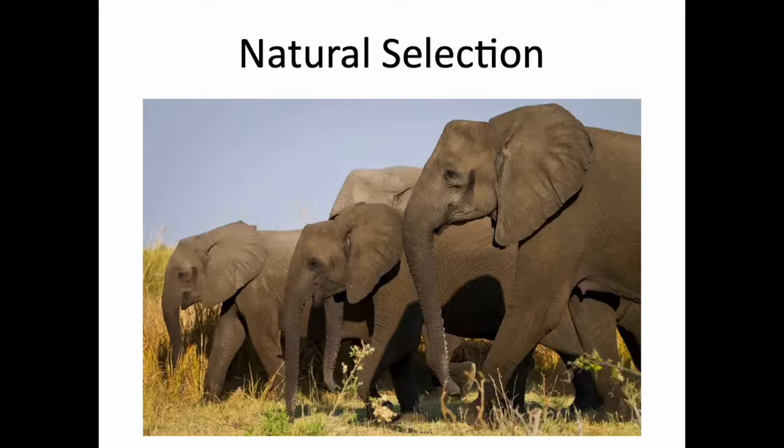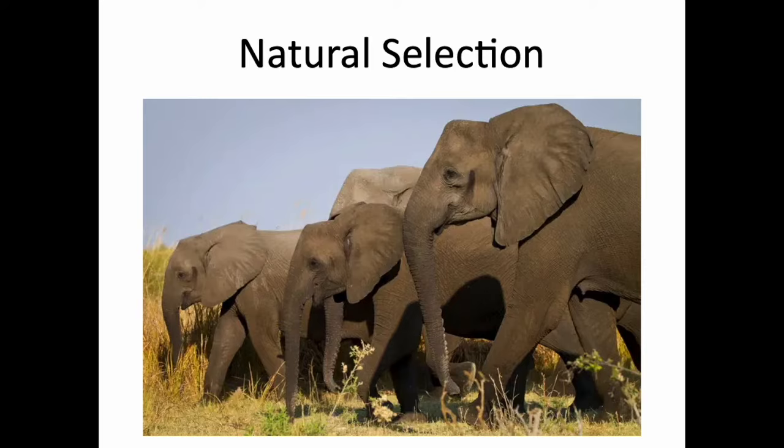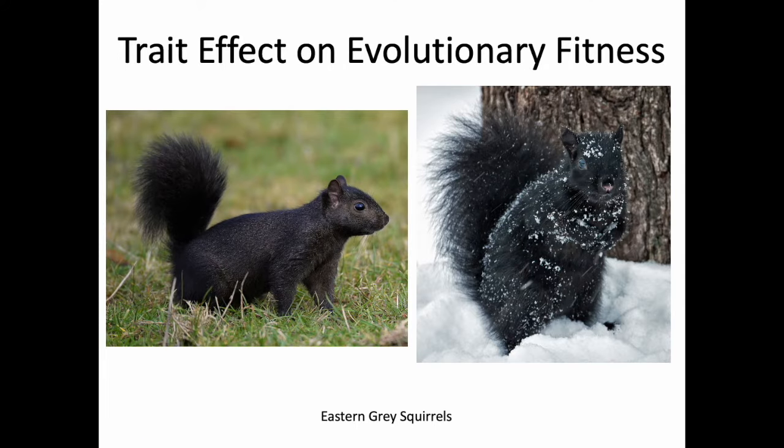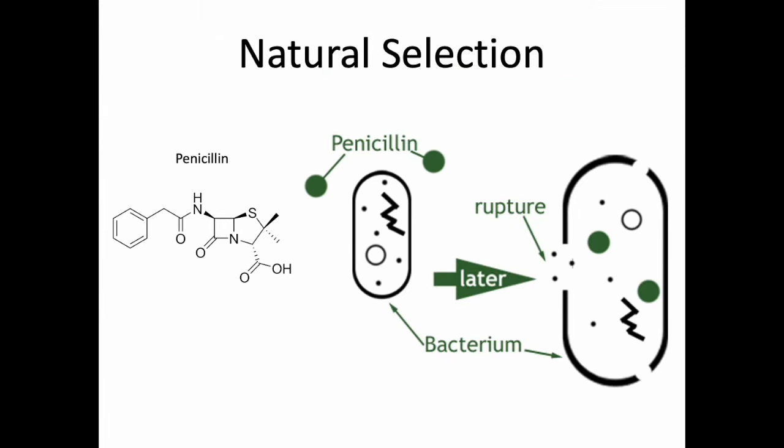One more example. So here's a slide from the first day of class, if you remember that first lecture. And I pointed out over here that adaptation through the process of evolution was something that all living things deal with. So it's not just big, interesting mammals like squirrels or African elephants. This is something that all living things do. So for my third example here, I want to bring up bacteria.